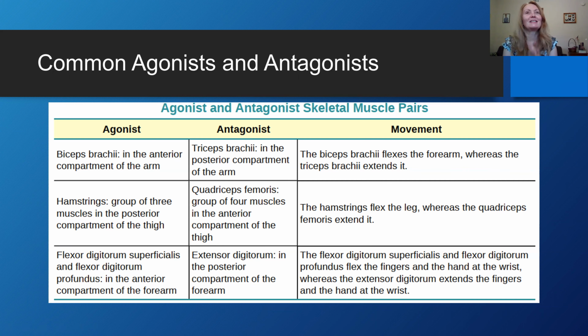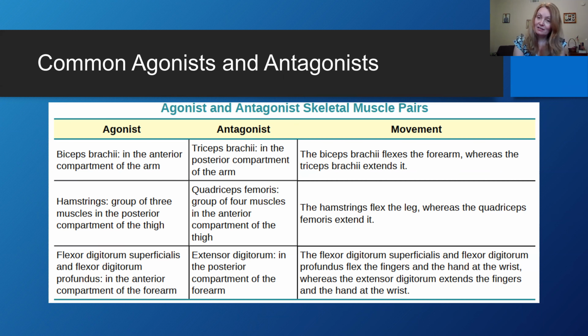Okay, so let's make it clear again. If you're talking about flexion and extension, we have muscles that act in the opposite direction, right? So some muscles flex and some muscles extend.